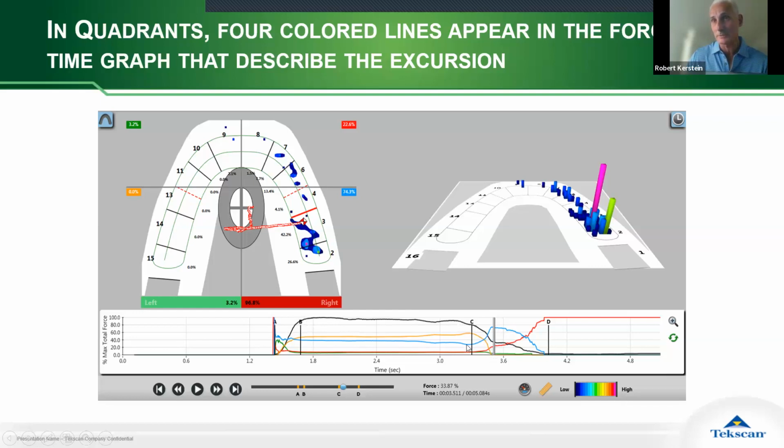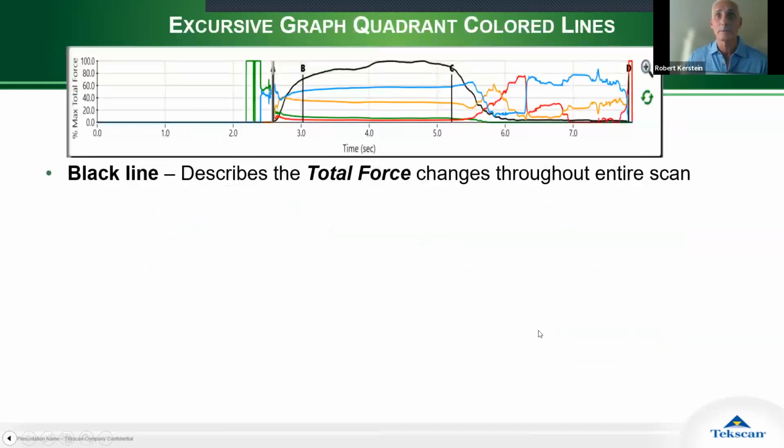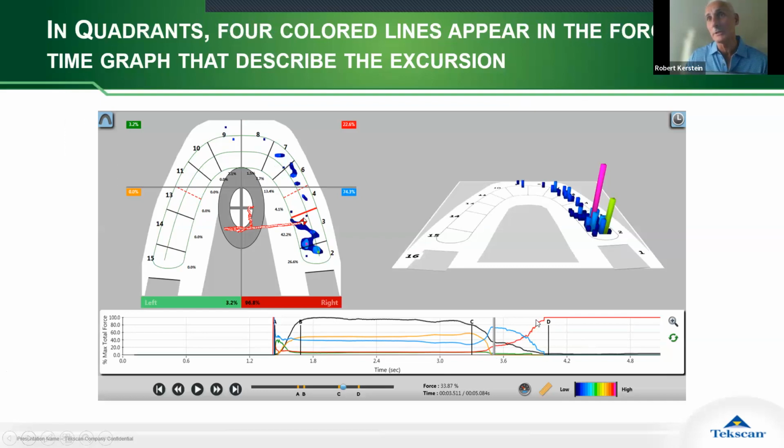The orange line goes to 0, but the blue line shows that the posterior right quadrant remains active. Let me go back there. It stays active for a long period of time. And the anterior guidance quadrant, which is the right anterior quadrant, slowly takes control over the excursion. So this patient has a prominent group function, and the graph line shows you that. The blue quadrant is posterior group function.